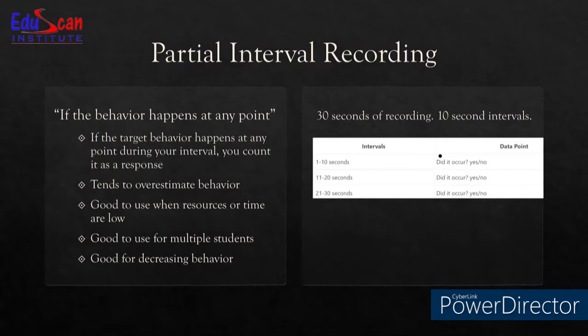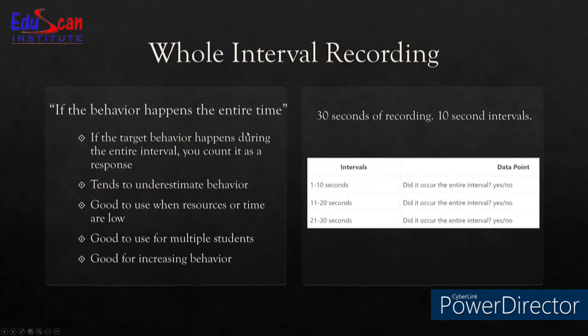So the only thing you need to check is, did the behavior occur? Yes or no. If it is yes, it is counted for the whole interval. If it is no, it is not counted. So 1 to 10, 11 to 20, 21 to 30, if the behavior is occurring even once, it is counted.